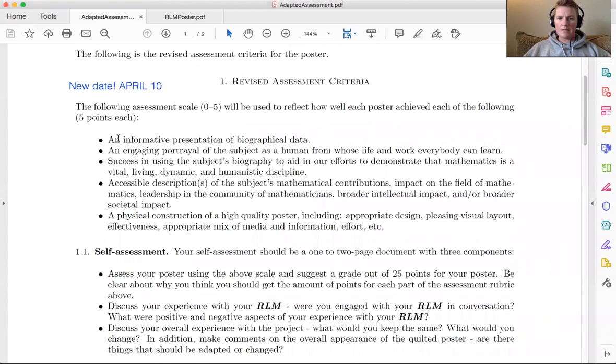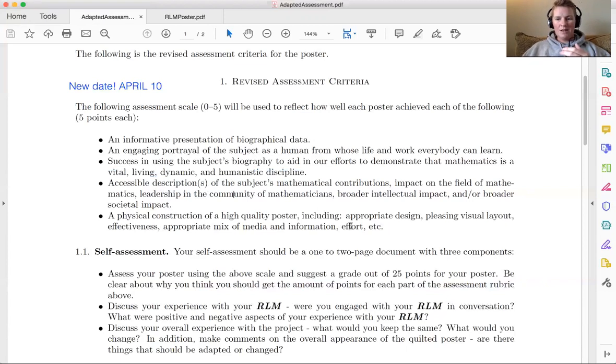How you presented the data: did you portray your subject as a human whose life and work everybody can learn from? Did you use your biography to aid in our effort to demonstrate mathematics is a living, breathing, dynamic, humanistic discipline? Thinking about how real-life mathematicians are real people, were you able to talk about mathematical contributions in a way that was accessible? Could you explain it to somebody else? Were you able to convey those ideas in a way that people could understand?